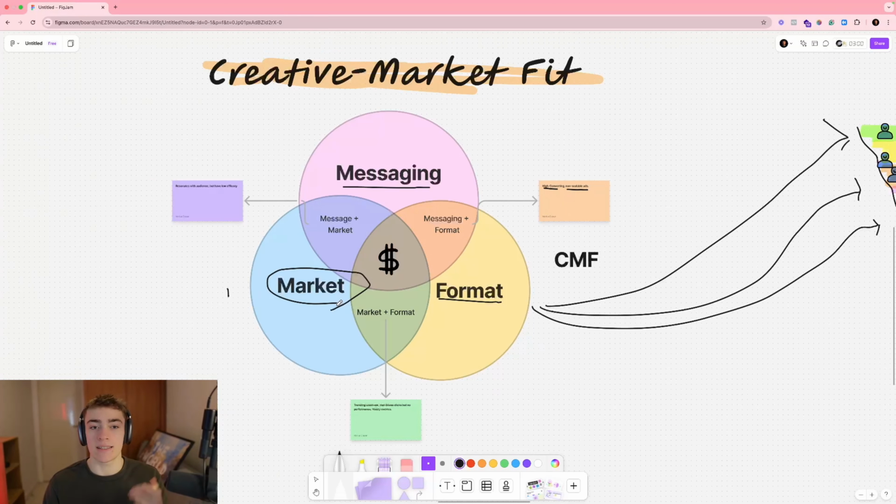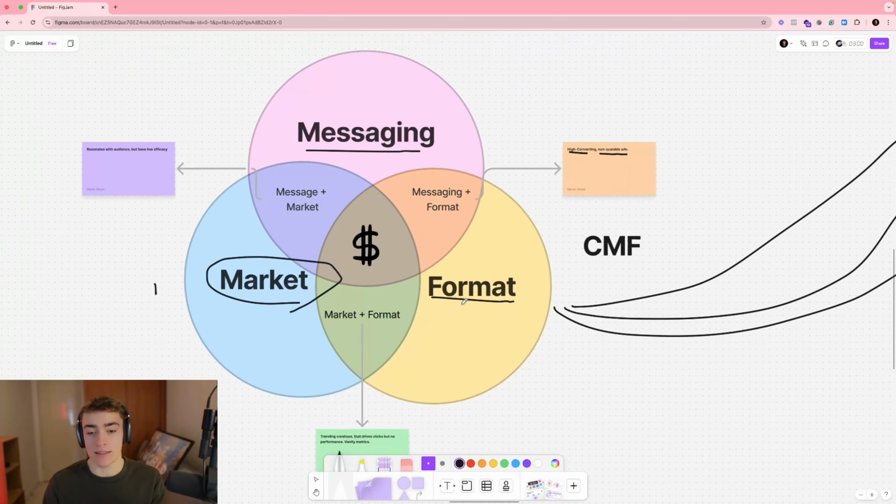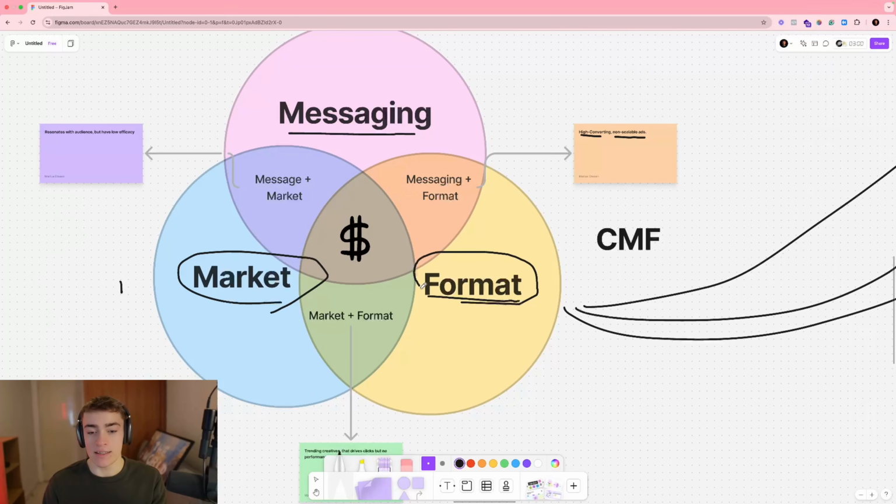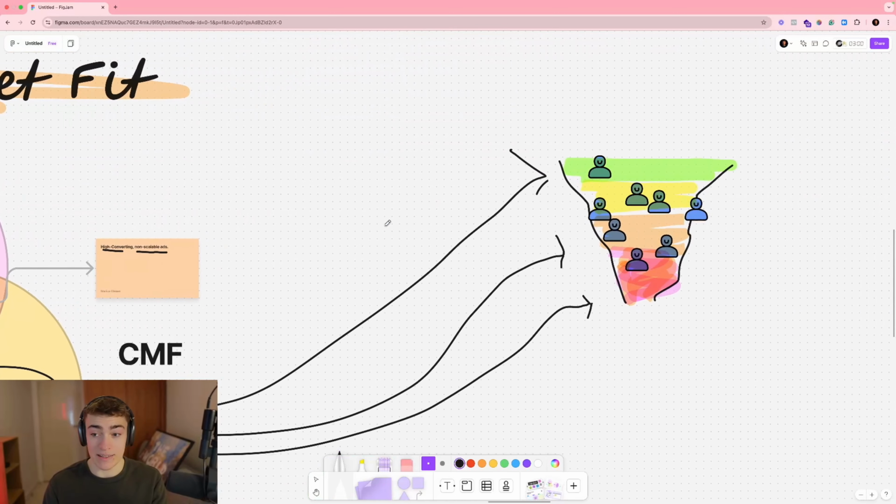Is that market scalable enough? And the formats and the way that we make our ads, is that in adherence to the market and the avatar that we have and the messaging that we want to portray? Only when you have all of these things at once will you be able to nail creative market fit, and really seamlessly and effortlessly move people down your funnel and convert them.